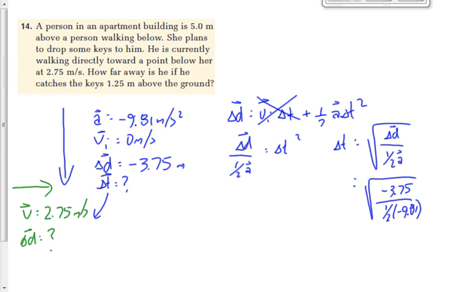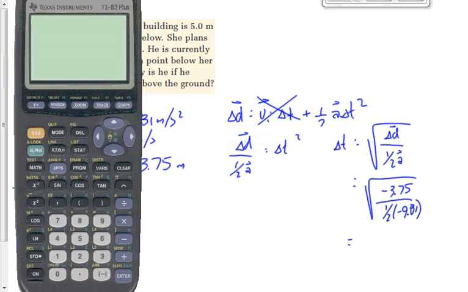Let's do this on our calculator as a group here. Let's say negative 3.75 divided by, let's use some brackets here, 0.5 times negative 9.81. That gives 0.76.